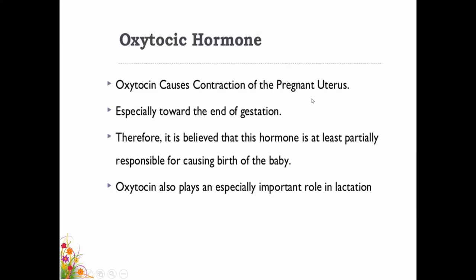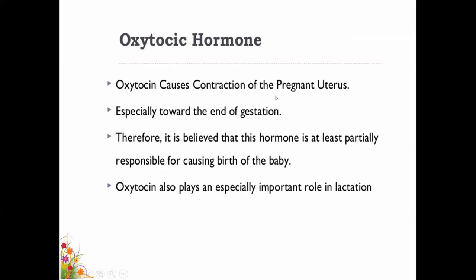Oxytocin, the other hormone from the pituitary gland. The main function of oxytocin is the contraction of the pregnant uterus, especially at the end period of gestation, and therefore it is believed that this hormone is at least partially responsible for causing the birth of the baby.